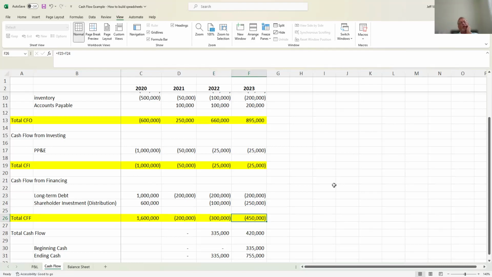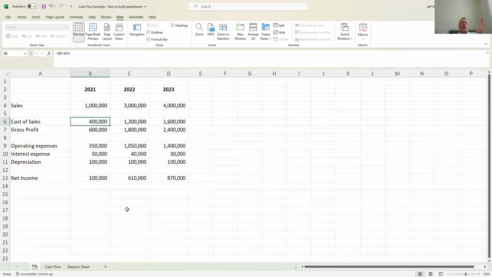Got to make sure the formulas are right there. Now you generated 895. You used 25 of that. You've got 870 left. You used 450 between the bank and yourself, and guess what? You added another $400,000 in cash to the balance sheet. So you see how this flows together.